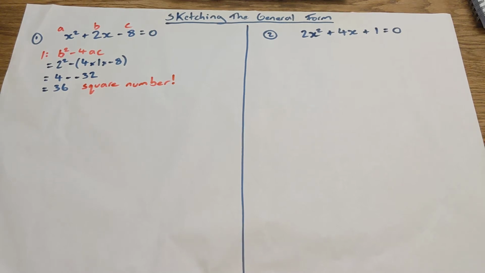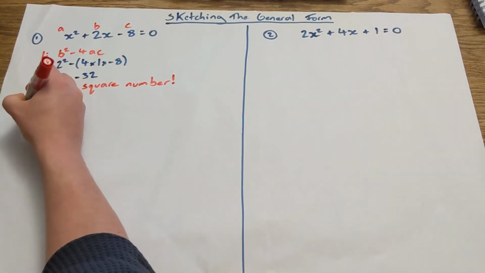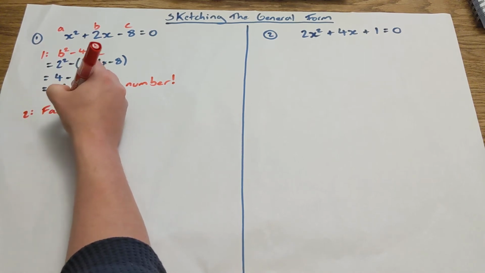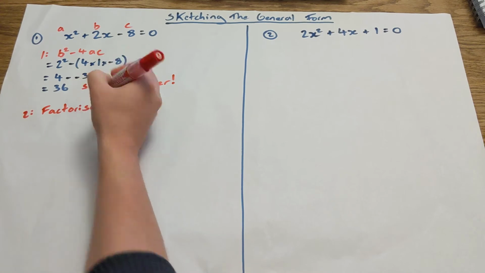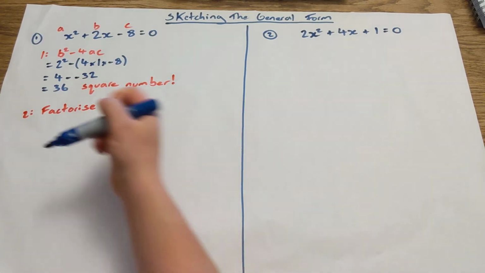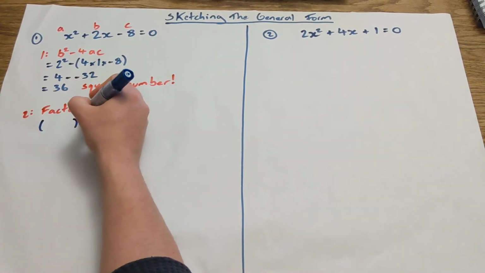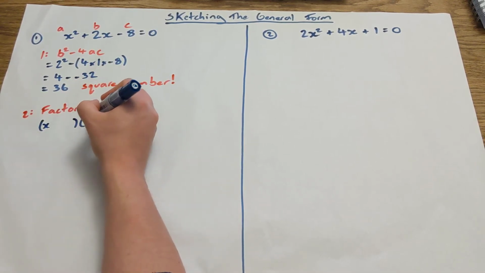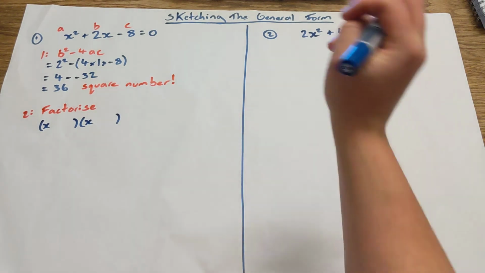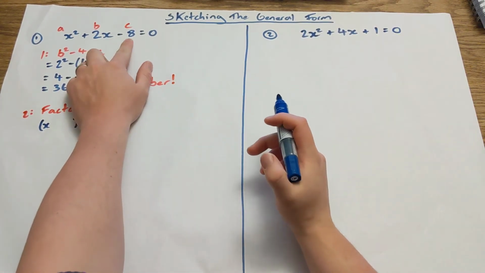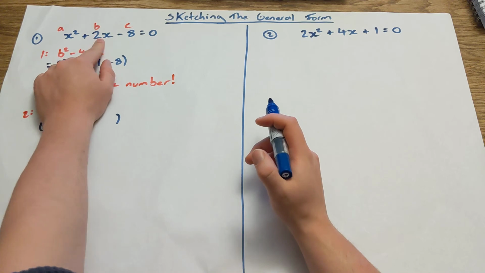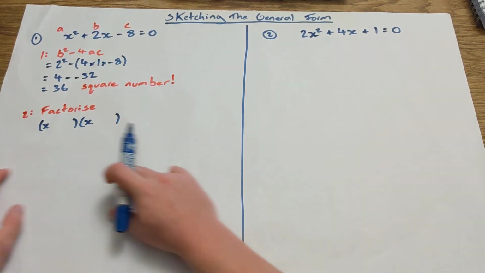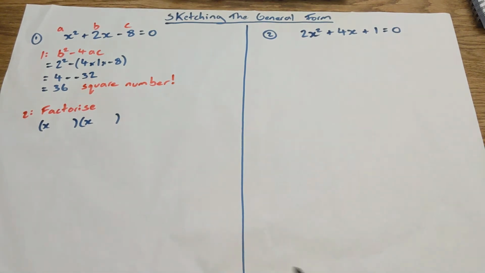So that means our next step is to factorize. To factorize, we're going to put it into two brackets, because it's a quadratic. We'll have an x at the front of each of them, and then we're looking for two numbers that multiply together to make negative 8 and add together to make 2. You could use your table where you list your pairs of factors, or you can do trial and error in your head.